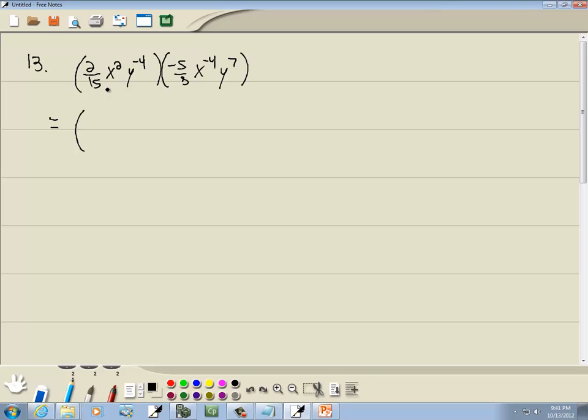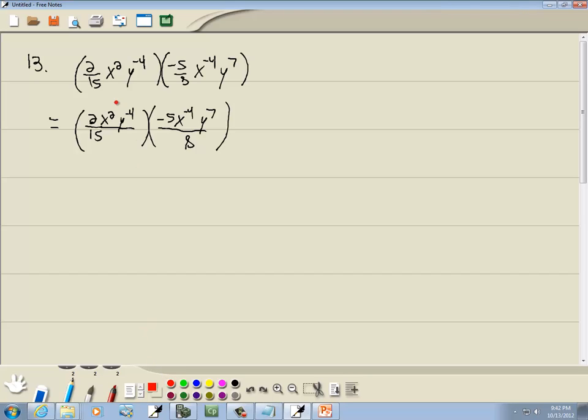Now, personally, I like to get rid of the negative exponents as fast as I can, because negatives just cause people headaches. Well, here we have a fraction, and when you have multiplication with these right next to it, you can just put them up on top. So that's like x squared, y to the negative 4. Why is that? Well, I could put these over 1, and then if I multiplied them together, I'd get this. Same thing here. I'm going to have negative 5, x to the negative 4, y to the 7th, over 8.